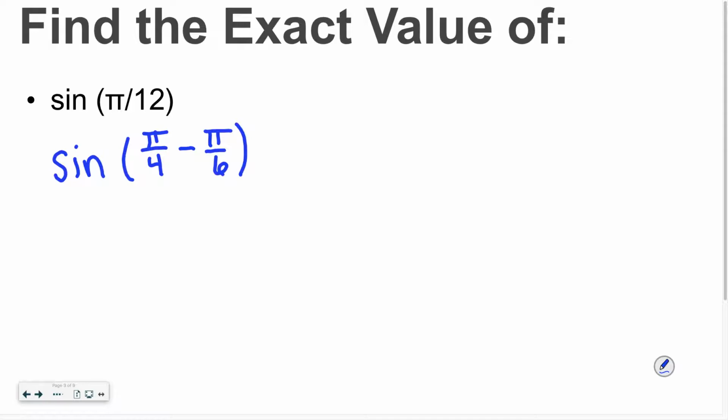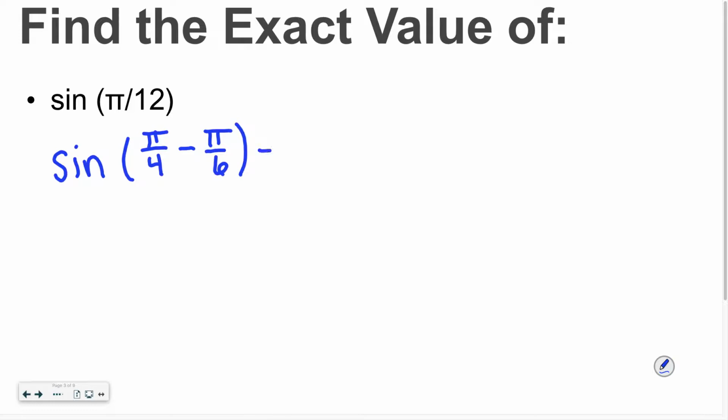Really the only thing that I had to have you think about is how do we get pi over 12. From here we need to apply the formula. So close your flap, really take that formula in. Sine, cosine, cosine, sine, right?